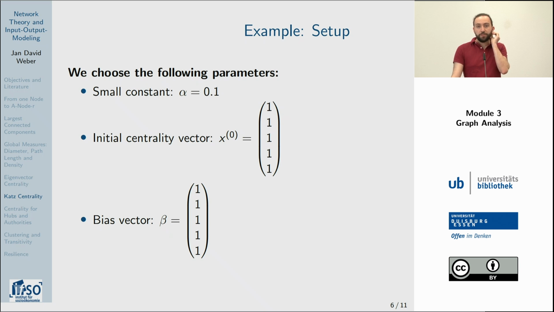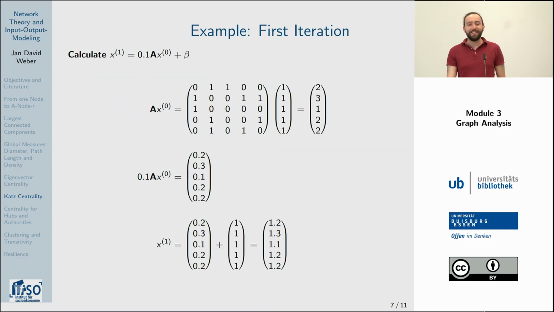So we choose alpha to be 0.1. We have the initial vector here indicated with the 0. This is our 0th iteration, so this is our starting point. We fill it up with ones. And we have the bias vector of ones. In the first iteration here, we have the adjacency matrix multiplied with the initial, the old x0, to get a new vector.